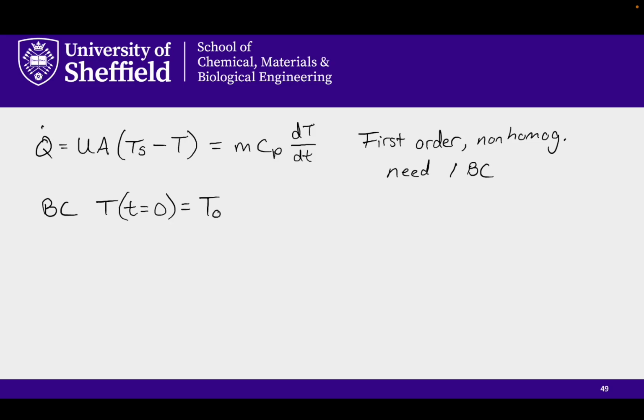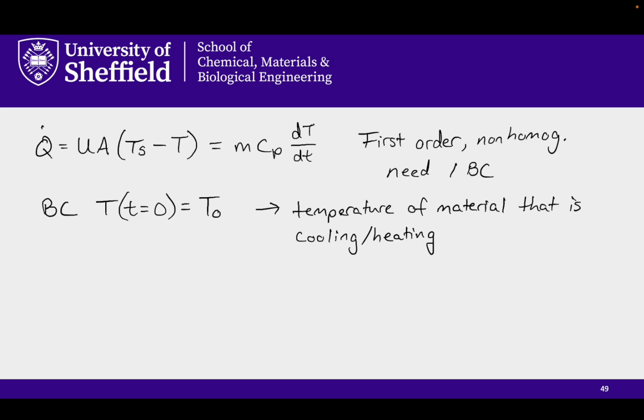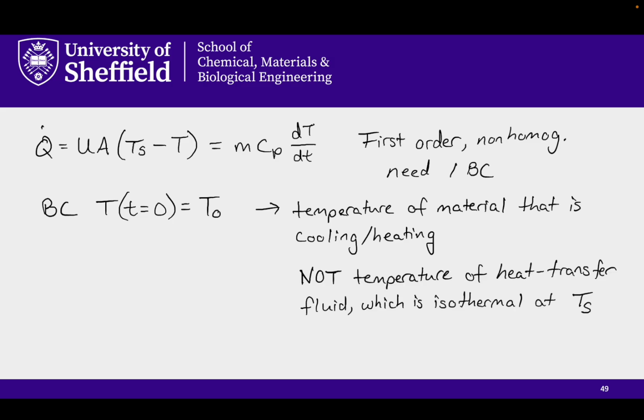This is also an initial condition because an initial condition is a subcategory of boundary conditions. All right, so T is the temperature of the material that we're heating or cooling, and it is not the temperature of the heat transfer fluid, which is always isothermal for the problem, and it's at Ts, which stands for T surrounds.